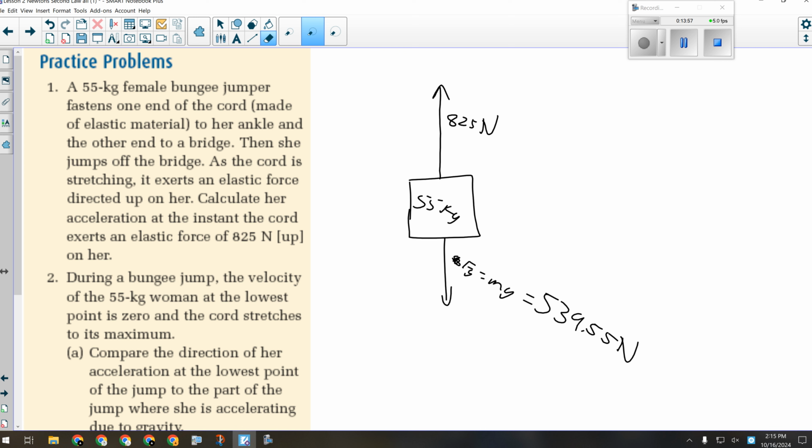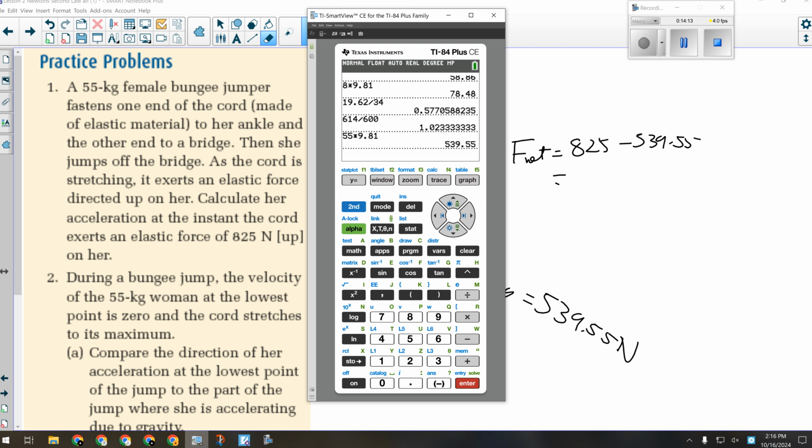I can calculate net force, okay? And I'm going to calculate net force by doing the sum of all forces. 825 newtons up minus 539.55 newtons down. Okay, so I'm going to do that.